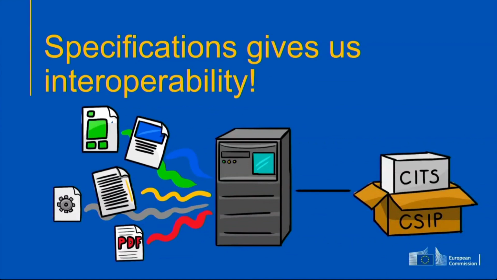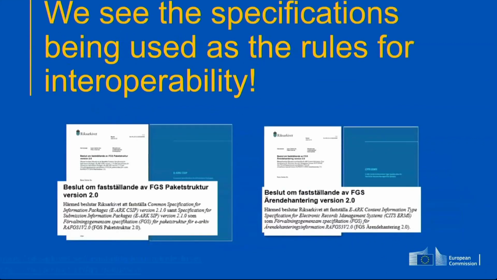We can also, on the next slide, see, and this is just one example, that the specifications are being used as the rules for interoperability. In Sweden, the National Archives a year ago stated that the common specification for information packages, together with the E-ARK SIP specification, are supposed to be the way you transfer information in a package.